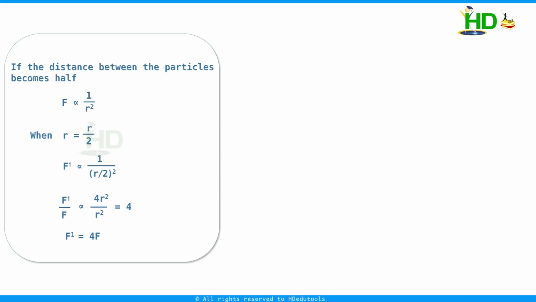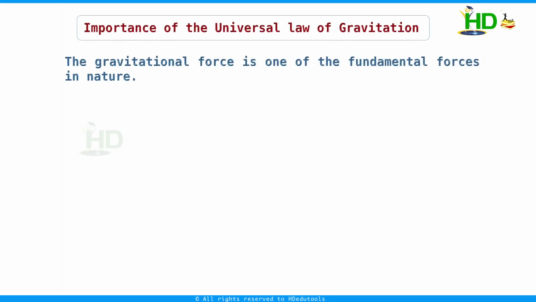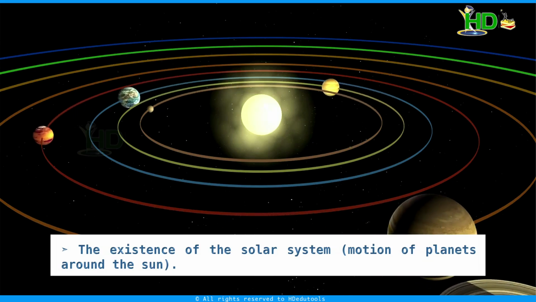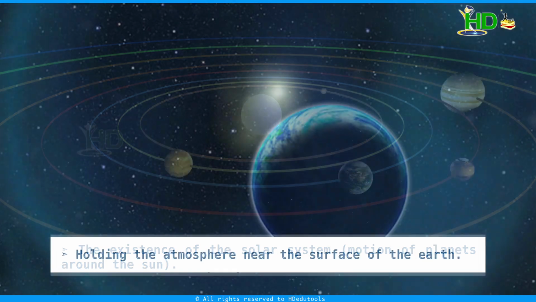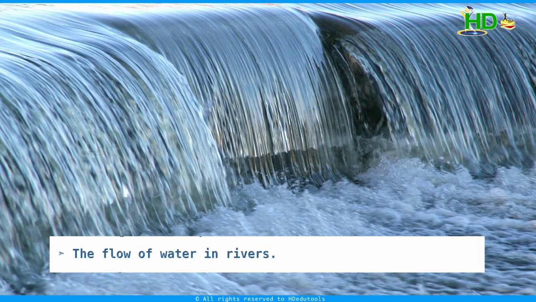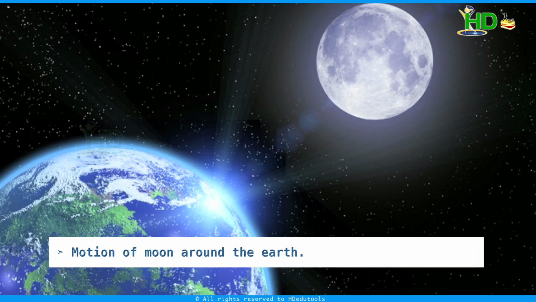F equal to G into m1 m2 by r square. This G is called the universal gravitational constant. The importance of the universal law of gravitation is that the gravitational force is one of the fundamental forces in nature, and this is responsible for the solar system, that is motion of planets around the sun, holding the atmosphere near the surface of the earth, the flow of water in rivers, rainfall and snowfall, motion of the moon around the earth.